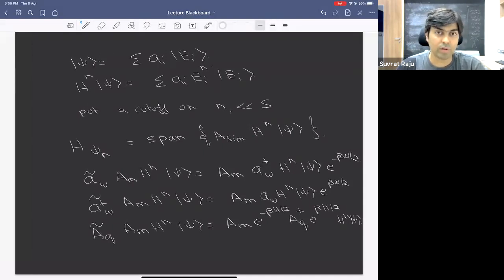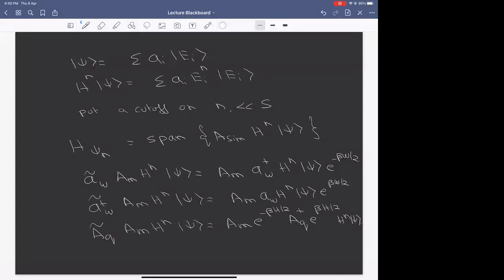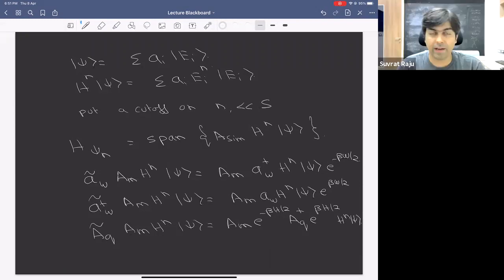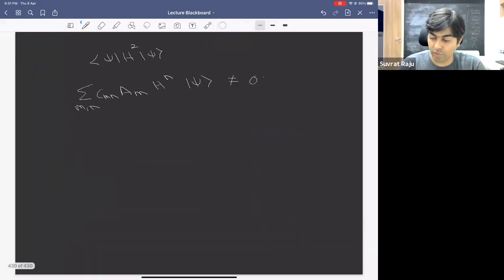I'm just a bit worried, for example, in the first rule you wrote there, if h^n psi belongs to the little Hilbert space of psi, then that itself can be written as a simple operator acting on psi. And then the rule that we wrote last time would tell me that you should shift the a all the way to the other side. Correct. So indeed, we need this condition.